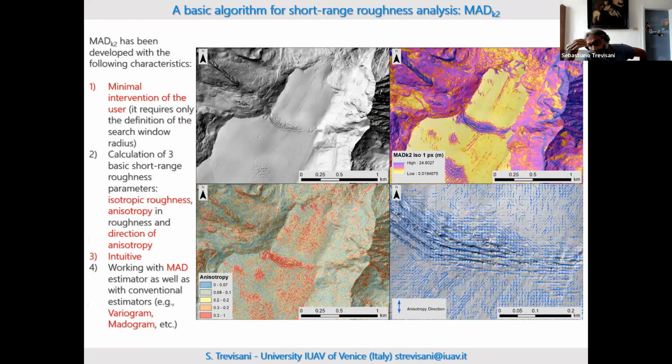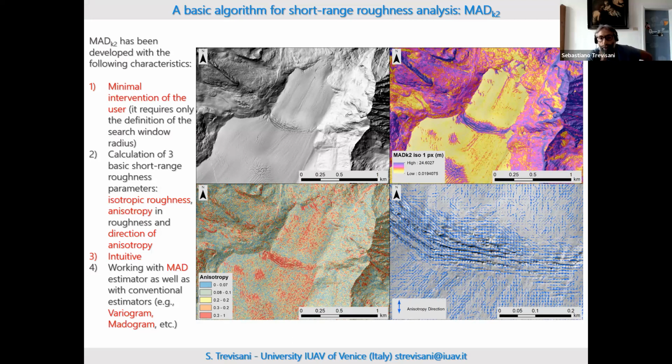So for this reason, we developed with Peter Guth and Giordano Tezza an index of roughness that is based on a geostatistical approach that does not require the trending, because we use what is called in geostatistics increments of order k.